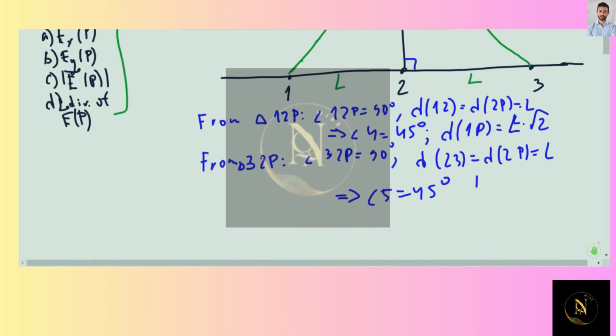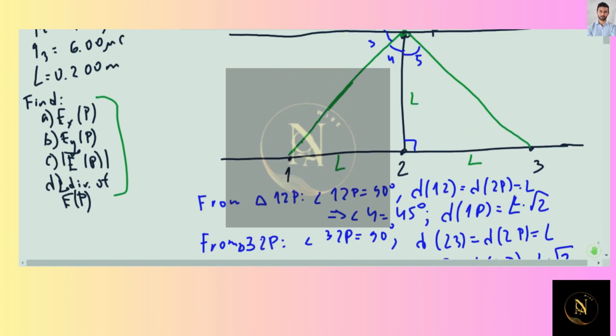And the distance between points 3 and P equals L multiplied by square root of 2. So these are two important parameters which we need to know for the later calculations. So this guy is L multiplied by square root of 2. So is this length.